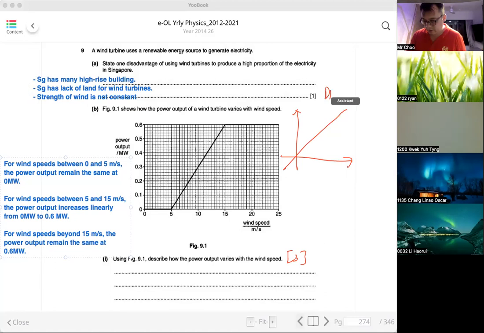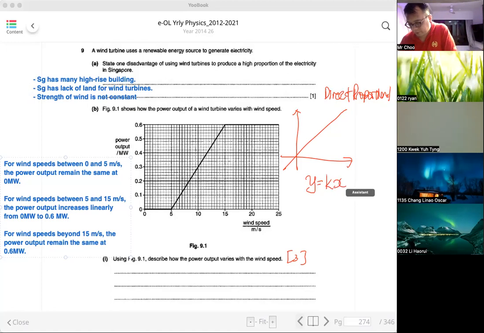This is called direct proportion, which is y equals kx. Meaning, a straight line cutting through 0. If you have a straight line cutting through 0, you can say that the 2 variables are directly proportional. Is that clear?